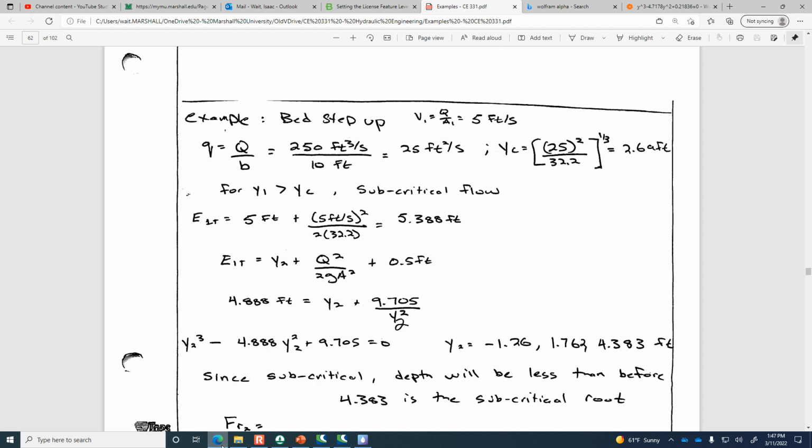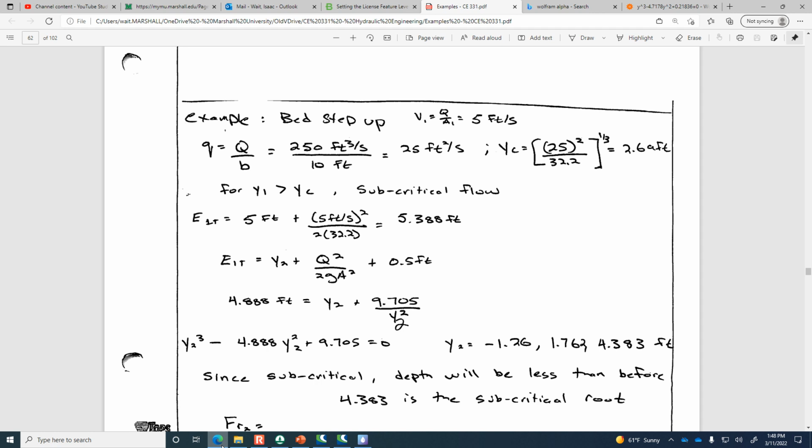And then further rearrange that. It's y2 cubed minus 4.888 y2 squared plus 9.705 is equal to 0. And then the roots are negative 1.26, 1.762, and 4.383. And of those, we choose the larger because the flow upstream was subcritical, so the flow downstream will be subcritical.